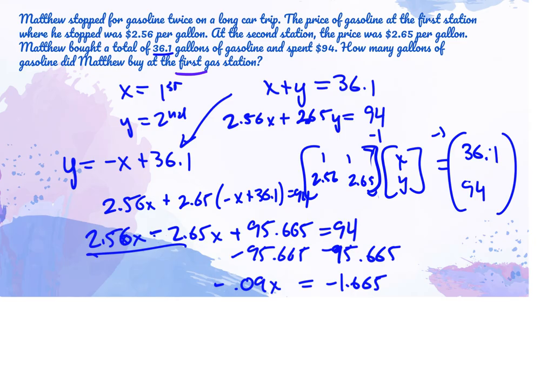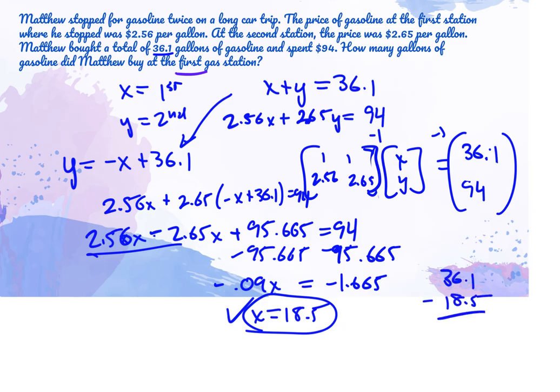Negative 1.665 divided by negative 0.09 is 18.5. All right, so 18.5 is how much was bought at the first station. I'm done. If I wanted to figure out how much was bought at the second station, I would take 36.1, subtract 18.5, and that would give me that answer.